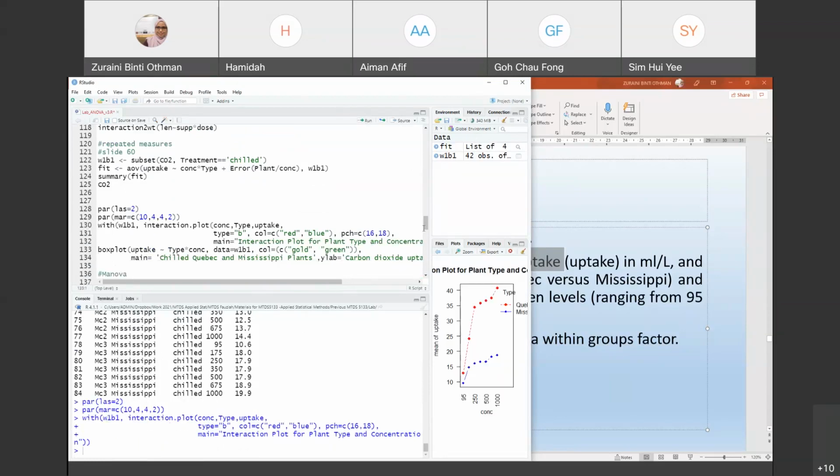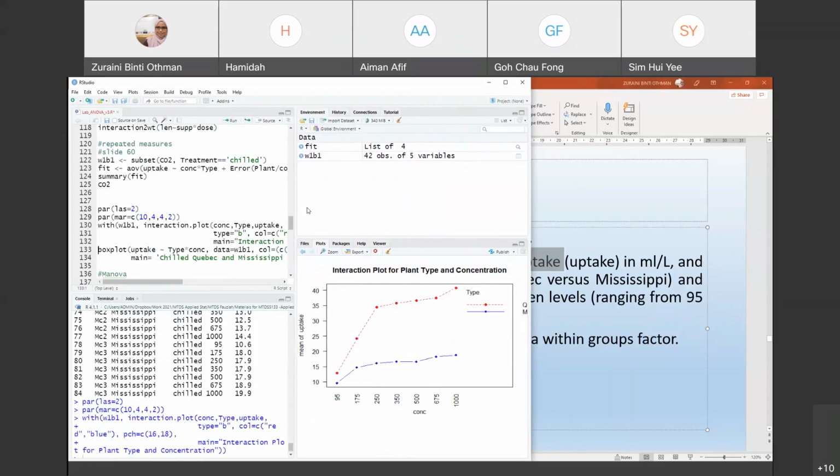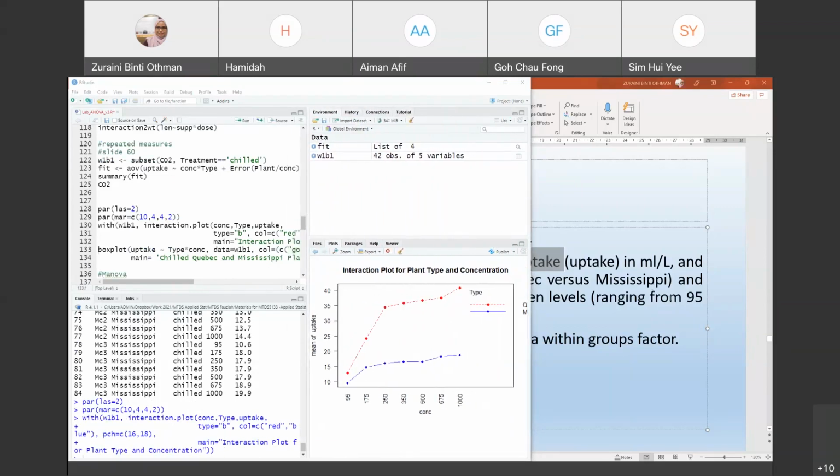And this is the graph. Just now the concentration main effect and the type by concentration interaction are all significant at the 0.01 level. The interaction is plotted via an interaction plot, and in order to demonstrate a different presentation of the interaction, we can also use a box plot.